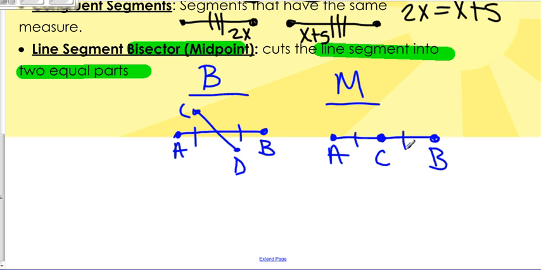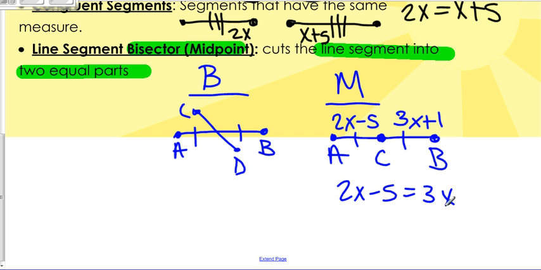Again, if we knew that this piece was 2x minus 5 and this piece was 3x plus 1, which would never actually work, we would set those pieces equal to each other. And we would solve for x if we knew that those were equal and we didn't have a whole piece. Now, if they give us the whole piece, we can just add them up to the whole.